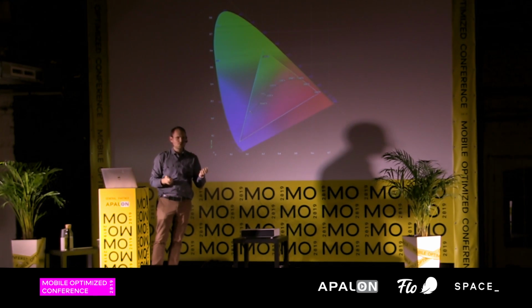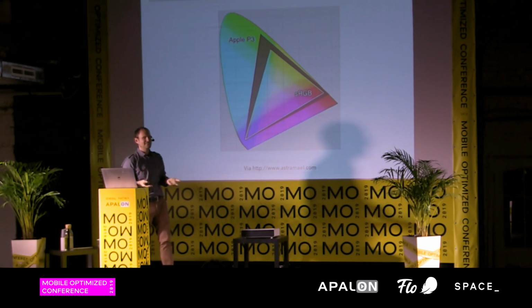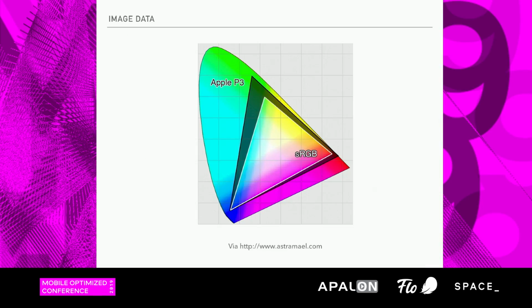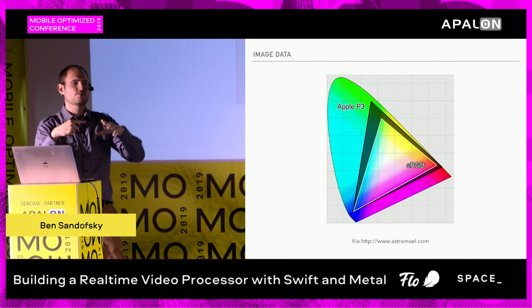And then Apple ruined everything by giving us devices that could display more colors. And now, if you aren't careful and you don't know the color space you're working in, you could be rendering something that you think belongs here, but it was sourced up here, and everything is shifted in the wrong direction. The good news is, as long as you're aware of color spaces, it's just another matrix multiplication to move things into the right spot.